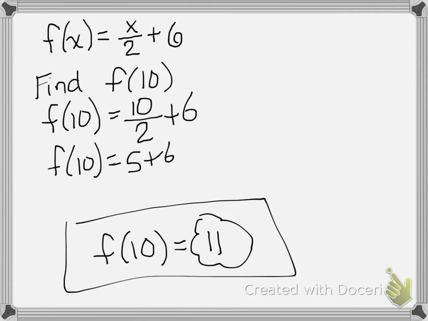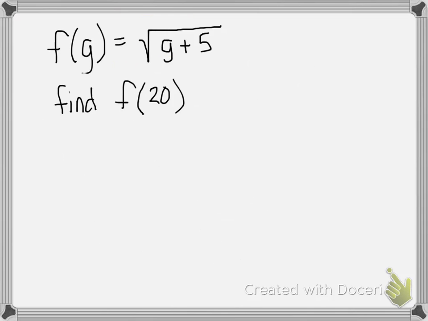The function doesn't always have to be on the right hand side. An equation has two sides to it, and so they could write it like this, and you'd just be working on the left hand side. So here's one with some radicals, since we've just gone through studying radicals. They might say f of g equals the square root of g plus 5.